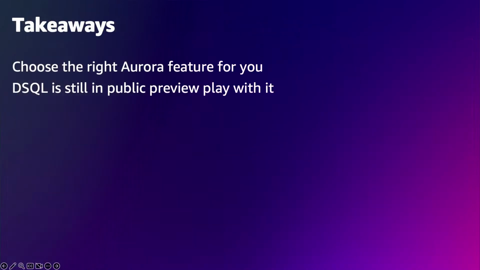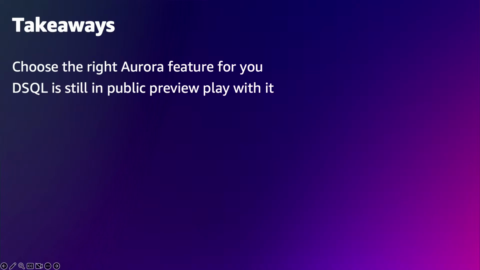Let's see. Okay. So takeaways on this one. Choose the right Aurora feature for you. We didn't cover the normal Aurora stuff. For the bulk of use cases, it's still good. So if you want to do blue-green deployment, if you want to use RDS Proxy, if you want to use ElastiCache in conjunction with it, all that stuff is with normal Aurora.